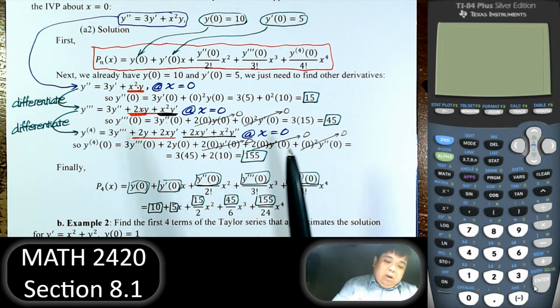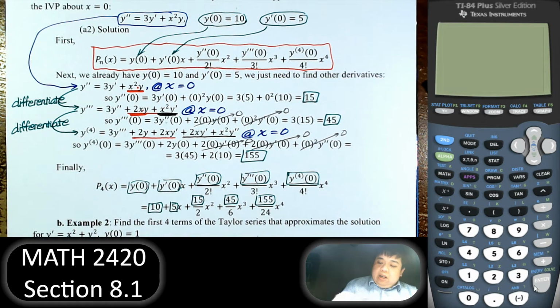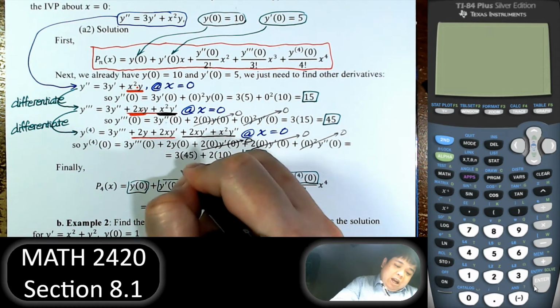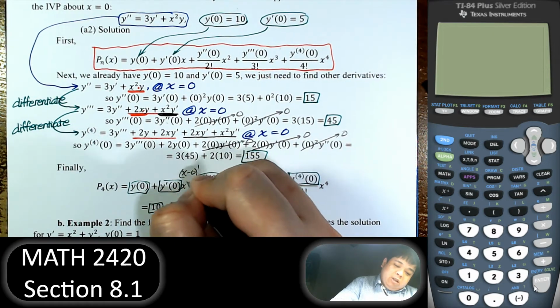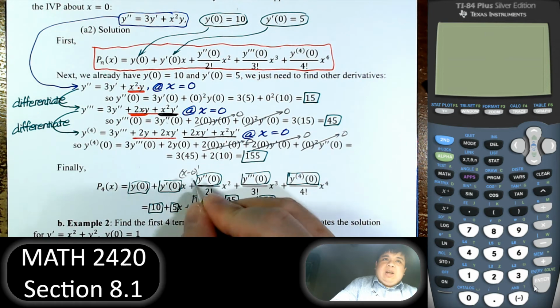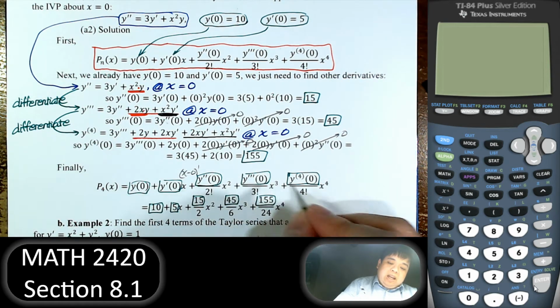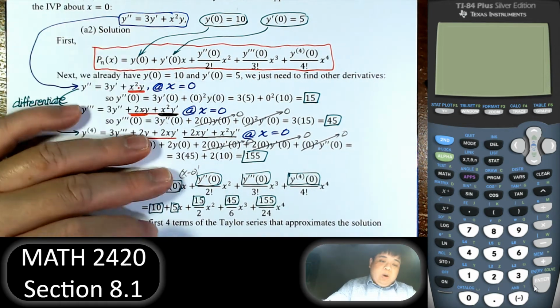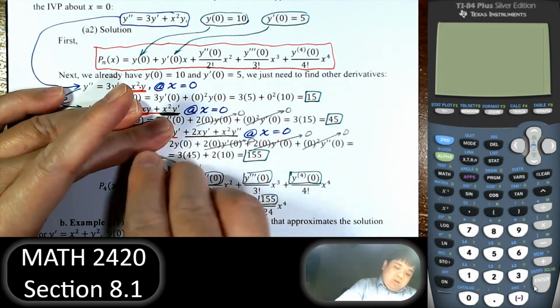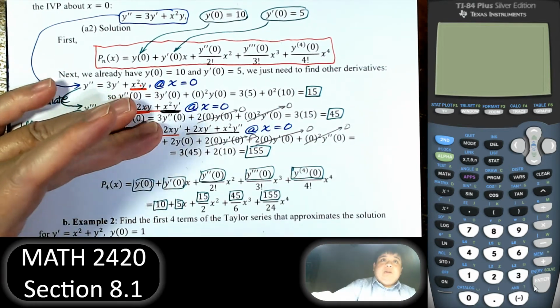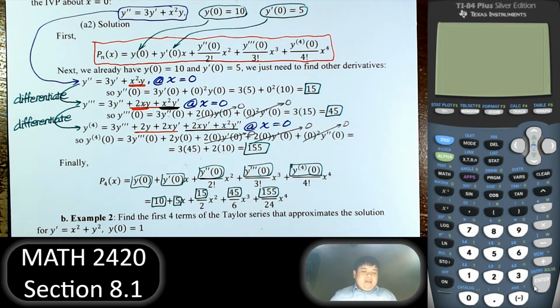And then we should have x minus 0. Just like the last problem, we can write x minus 0 to the first power. But of course, that's just x. So that's why this becomes x squared, x cubed, and x to the 4. Because this one is centered at 0. So we have x minus 0 raised to the power. Right. So that's what we have.